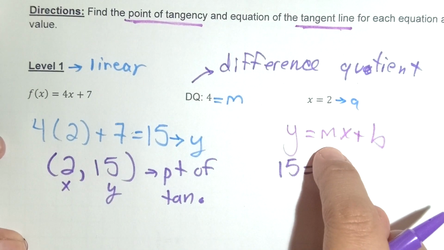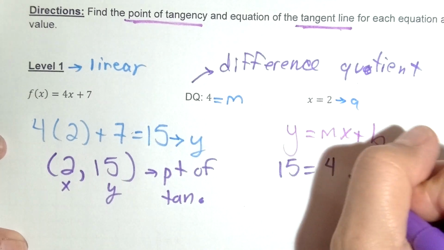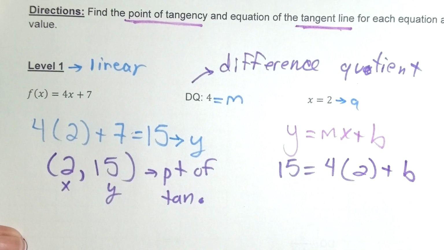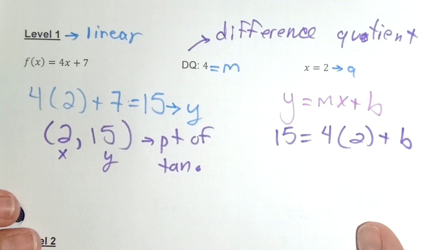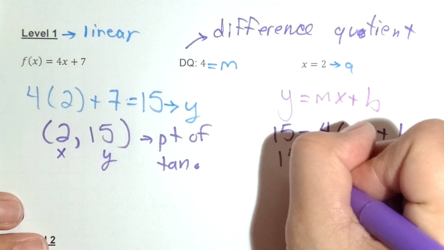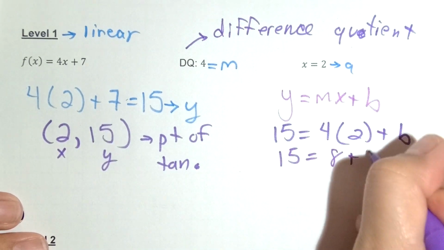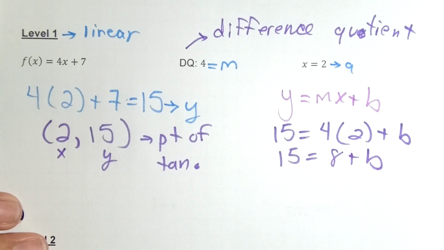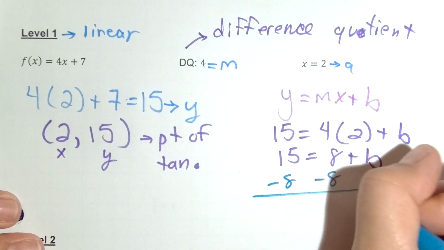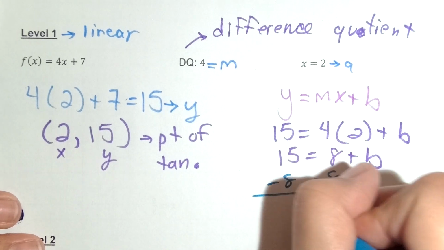What is m? 4. And what is x? 2. Are there any questions? Okay. Then I'm going to simplify. 15 is equal to 8 plus b. How do I solve for b? Subtract 8. b is equal to 7.